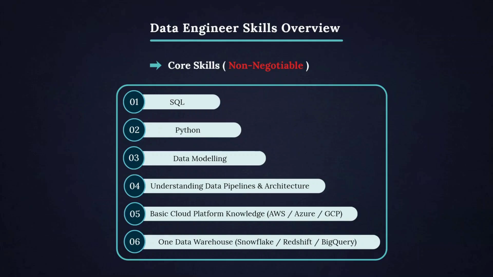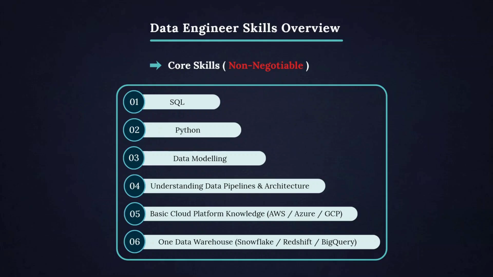It could be Snowflake, Redshift, or BigQuery. If you remember just three things from the slide, SQL, Python, and data modeling, these are the skills most commonly tested in interviews. And they form the foundation that every data engineer needs.